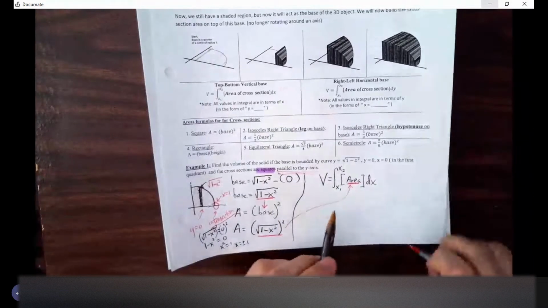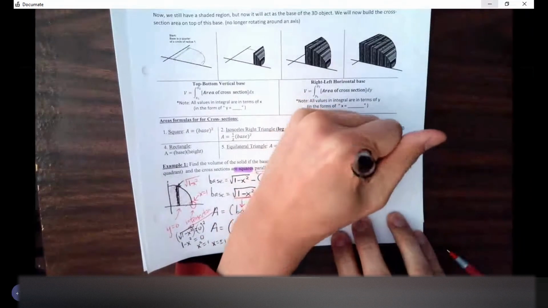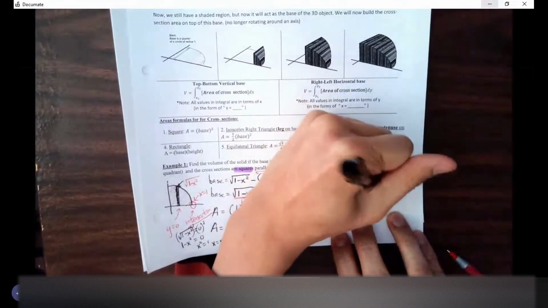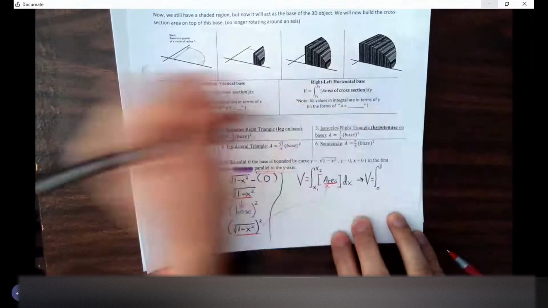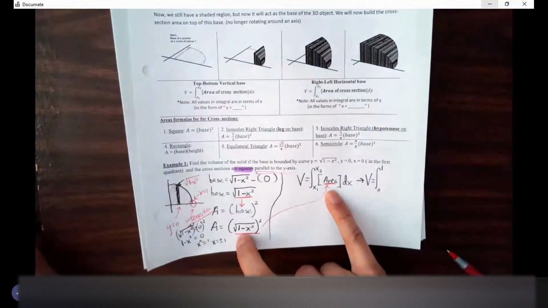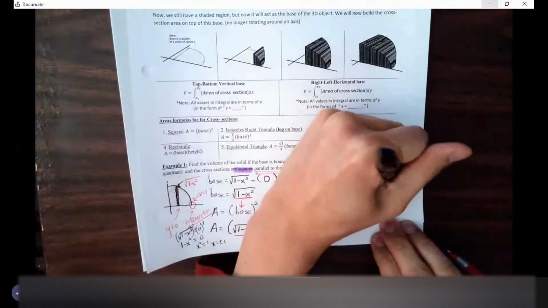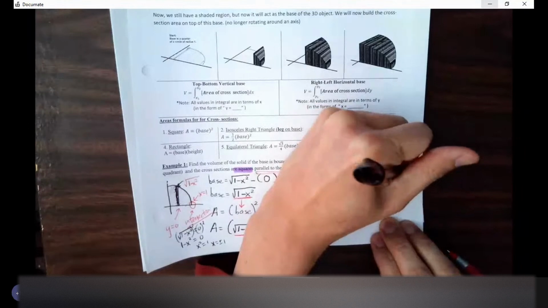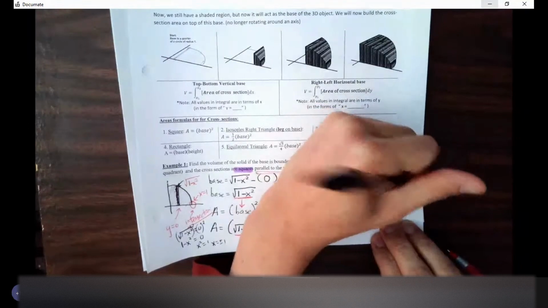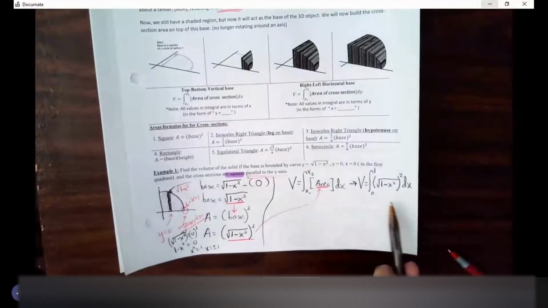Okay, so there is my adapted formula here. Volume equals integral from 0 to 1. Base, there's my area, right? Replace my area with everything I see here. You're more than welcome to enter this in the calculator.